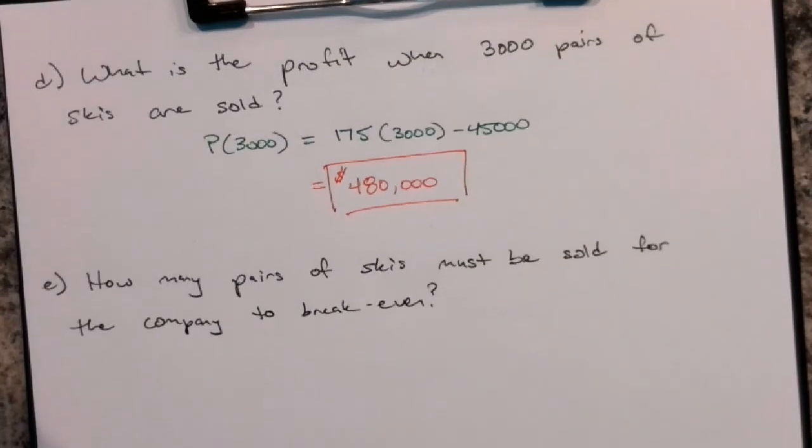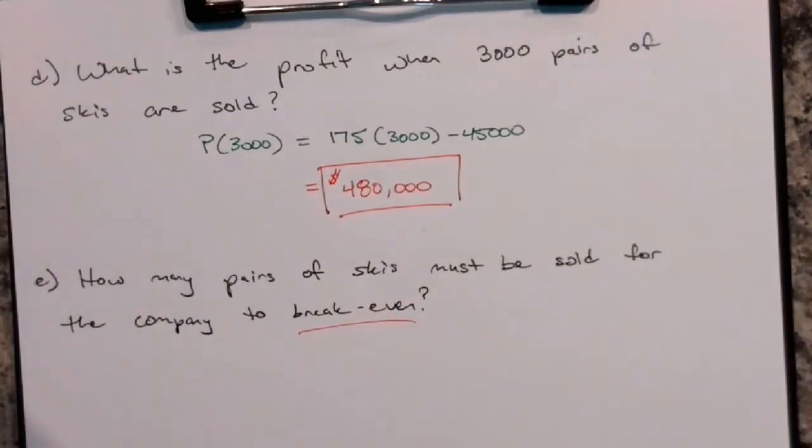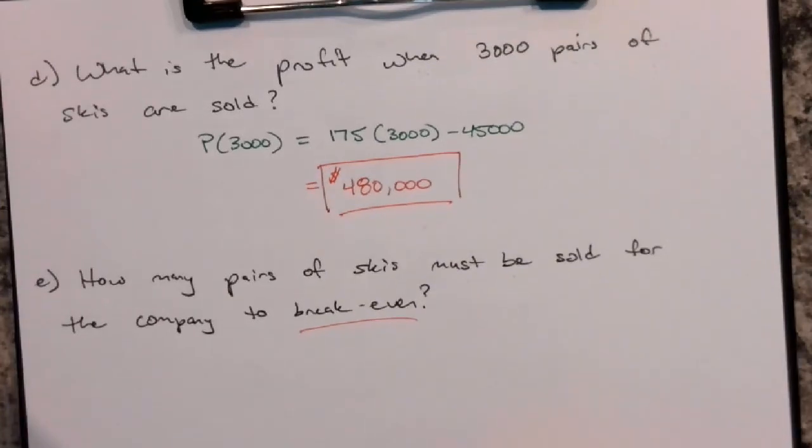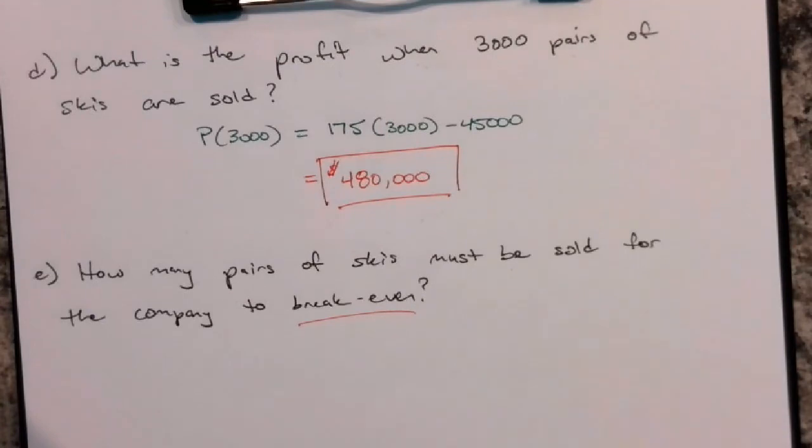Well, remember how you break even, right? To break even, it means your profit is zero. It also can mean your revenue equals your cost. So you could solve this one of two ways, either by setting the revenue equal to the cost function and solving that, or we'll do it using the profit function so I already know what it is.